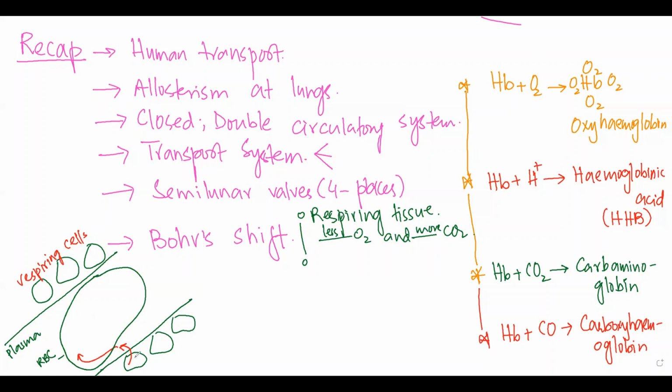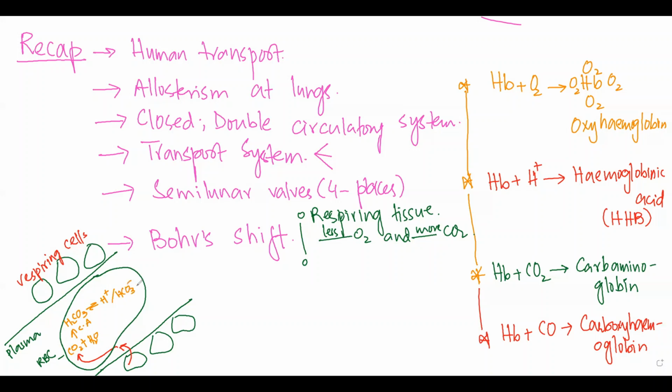From respiring cells, CO2 goes out to the RBC, combining with water, as Shakir Abbasi told us, making H2CO3. This making of H2CO3 is catalyzed by the enzyme carbonic anhydrase. This H2CO3 then breaks into H plus and HCO3 minus.